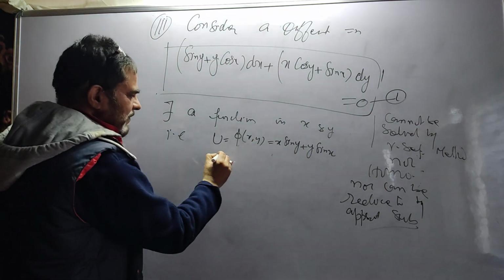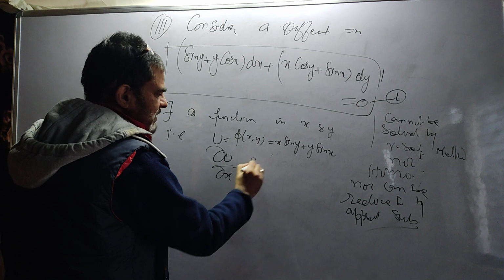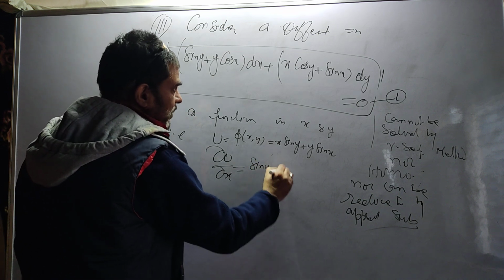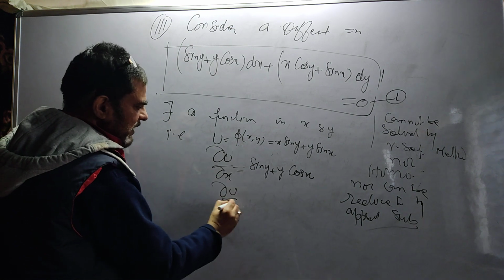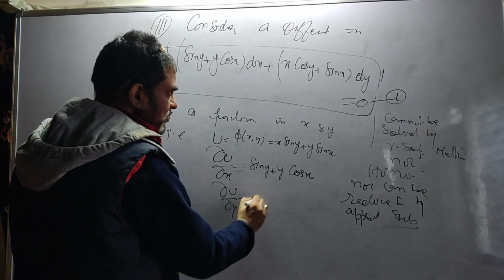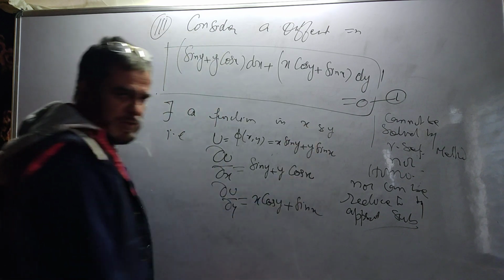You see, I find the partial of u with respect to x comes out to be sin y plus y cos x, and the partial of u with respect to y comes out to be x cos y plus sin x. Do you follow?